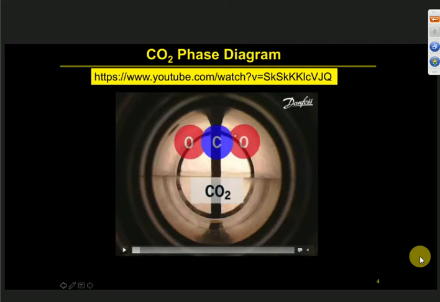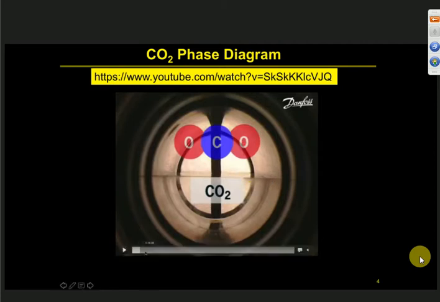Then there is a vapor phase. At these conditions, both liquid and vapor of one component are in equilibrium. So what is the equilibrium criteria? In thermodynamics, we study that the chemical potential of the vapor phase is equal to the chemical potential of the liquid phase. When these conditions are met, both liquid and vapor are in equilibrium.